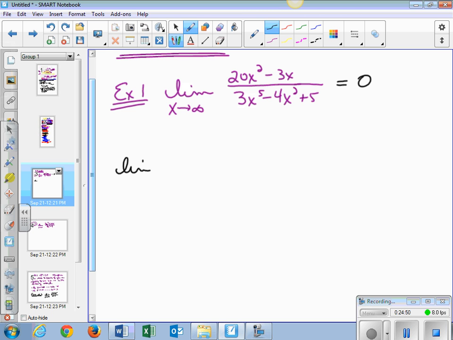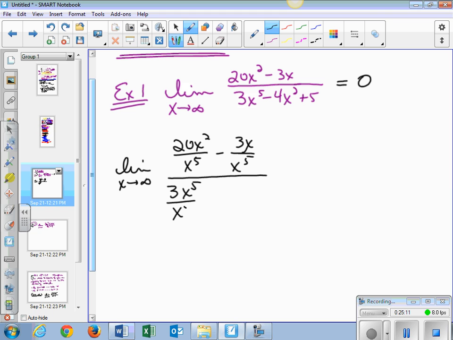We take the limit as x goes to infinity, and then we look at our fraction and see what term has the highest degree. And I see I have an x to the fifth down there in the denominator. So I'm going to divide every single term by x to the fifth. Takes a little time to write it all out, which I'll do since I'm a teacher.